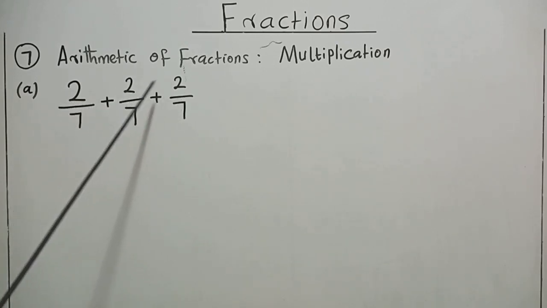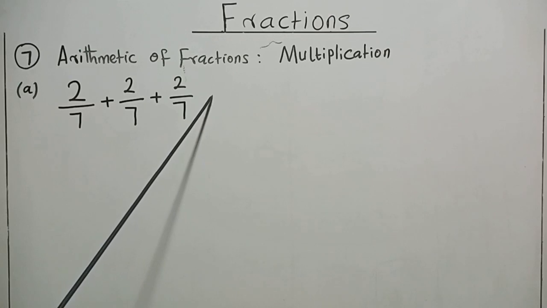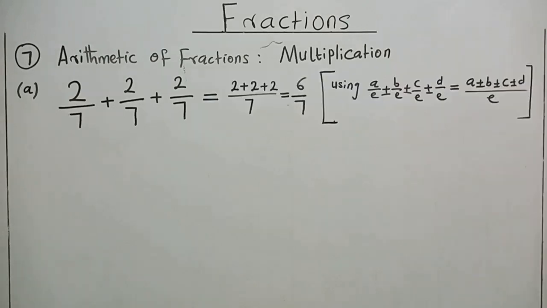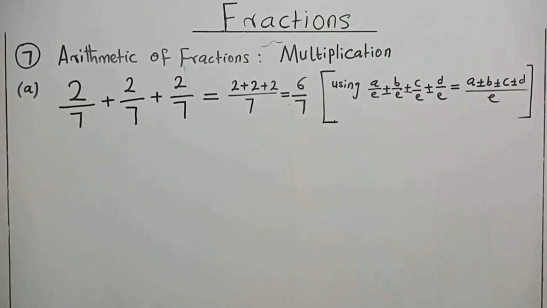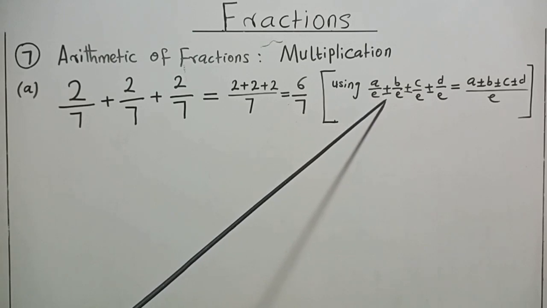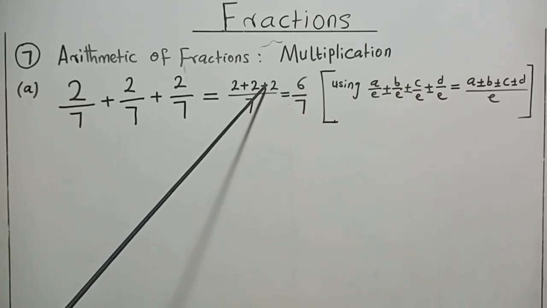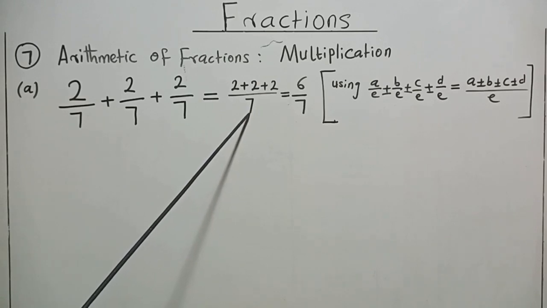Please look out as I offer an answer to 2 over 7 plus 2 over 7 plus 2 over 7. And here it comes. 2 over 7 plus 2 over 7 plus 2 over 7 based on this law is equal to 2 plus 2 plus 2 all over 7.